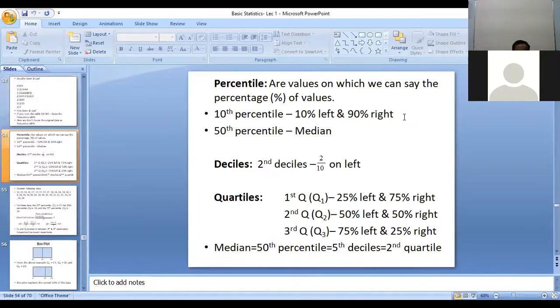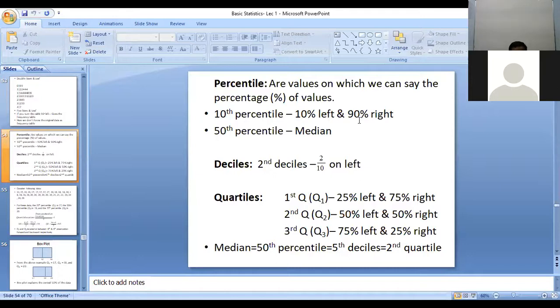Then we talked about further measures on display of data: percentile, decile, quartiles. Percentile is similar to percentage, as we discussed.